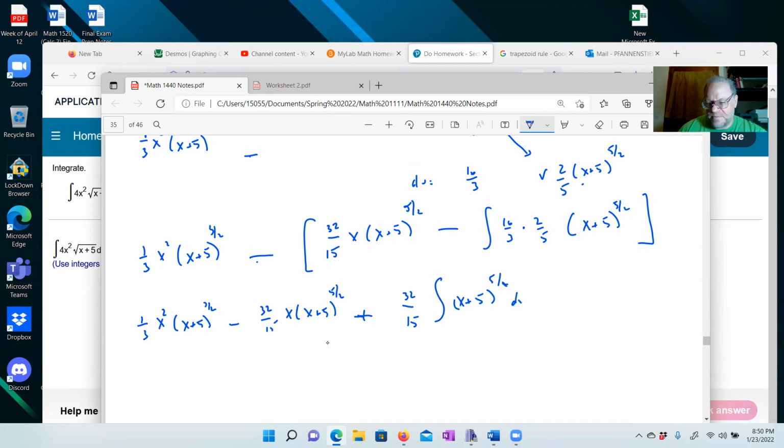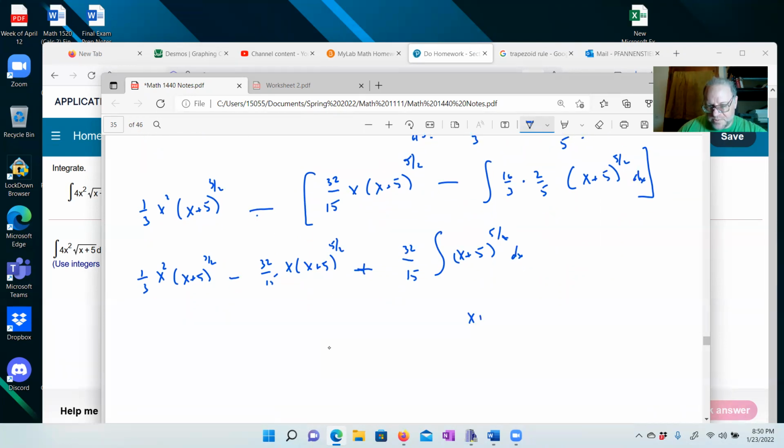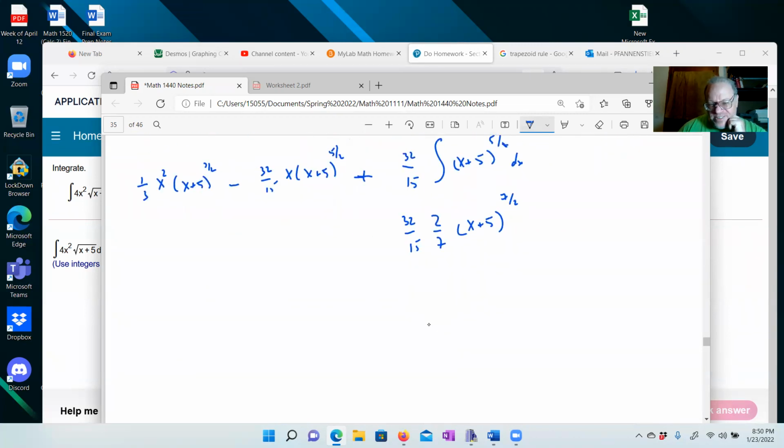There's a dx here. There's a dx here. So this is going to be (x plus 5) raised to the 7/2. Then we have 2/7 times 32 over 15. This looks great, doesn't it? Okay, so 32 times 2 is 64. 7 times 15 is 70 plus 35, so that's going to be 105. Okay. And then we have (x plus 5) raised to the 7/2 plus c.